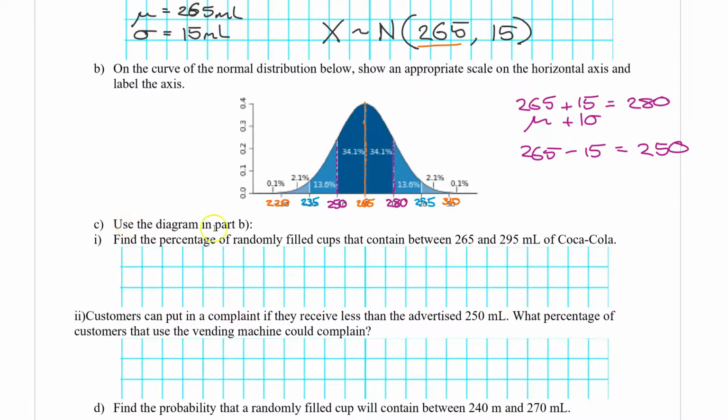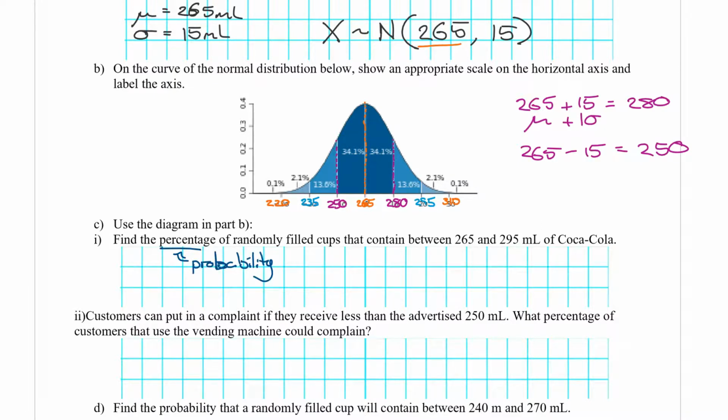Part C, use the diagram in Part B. Okay. Find the percentage of randomly filled cups that contain between 265 and 295 milliliters of Coca-Cola. So it's asking for the probability.